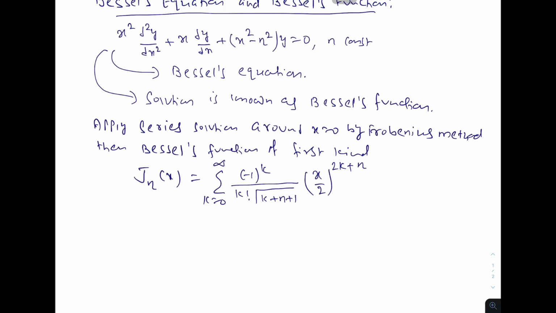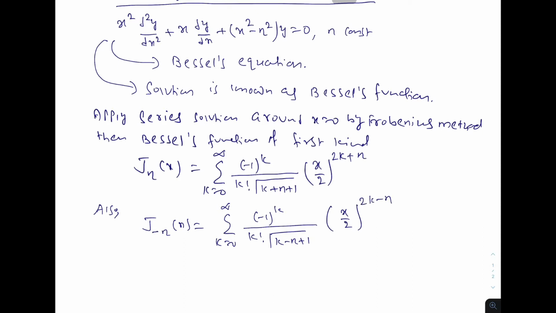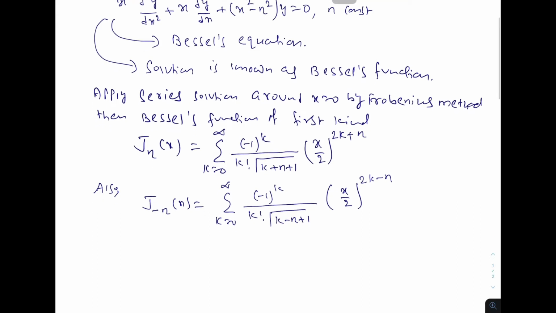Also J minus n (x), so that is equal to series k from 0 to infinity, minus 1 power k over k factorial gamma k minus n plus 1, x by 2 to the power 2k minus n, is also a solution, and both are linearly independent solutions.